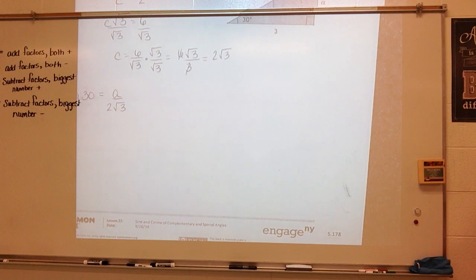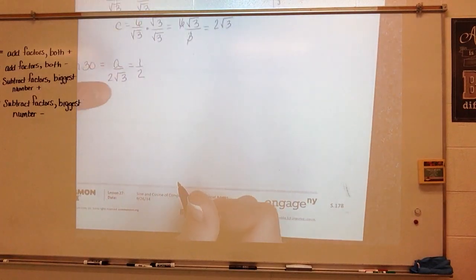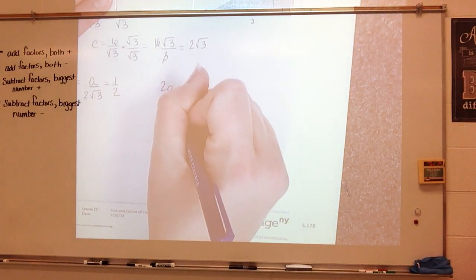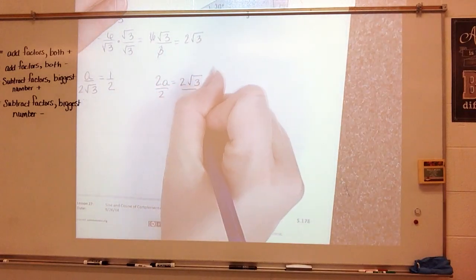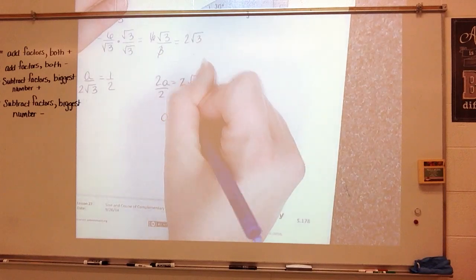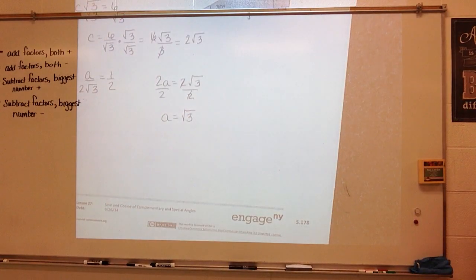No, that's right. A over 2 square root of 3 is equal to the sine of a 30, which was 1/2. So I cross multiply. 2a is equal to 2 square root of 3. Divide by 2. 2 divided by 2 is 1, so a is equal to the square root of 3.